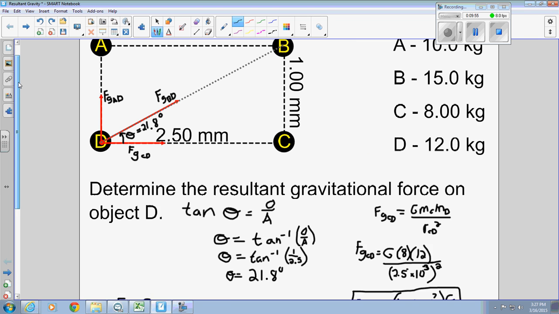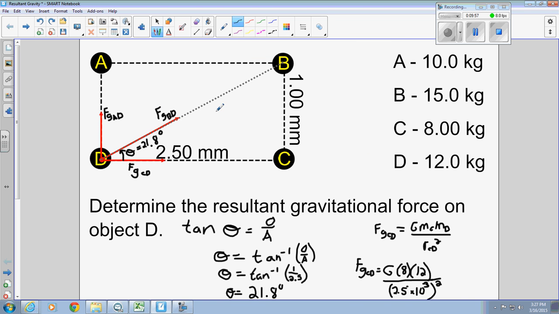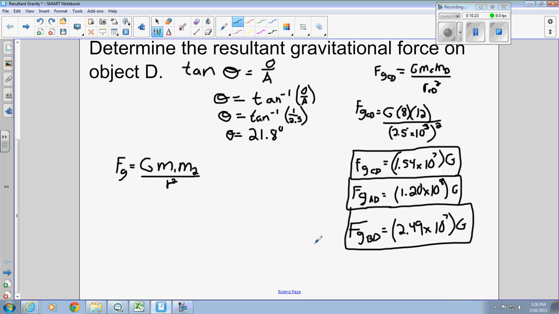Keep in mind, in order to get this distance from D to B, you're going to have to take a squared plus b squared equal to c squared, and take the square root of both sides to get the distance here between D and B, and you will get 2.69 millimeters. And we have our forces here.